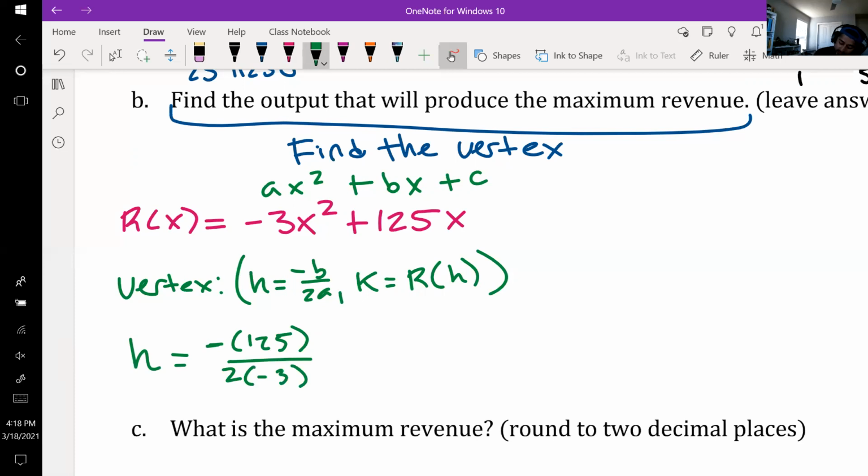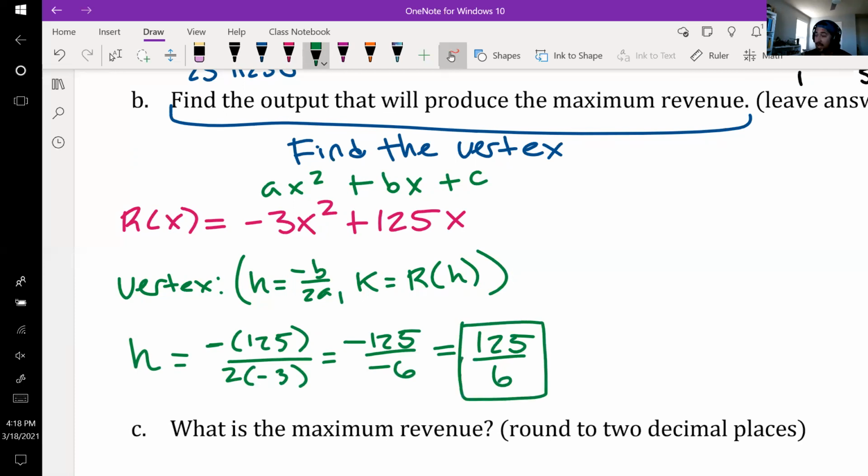So negative b over 2a gives me negative 125 over negative 6, which is 125 over 6. I'm going to leave it like this, because I think this is going to be an answer.